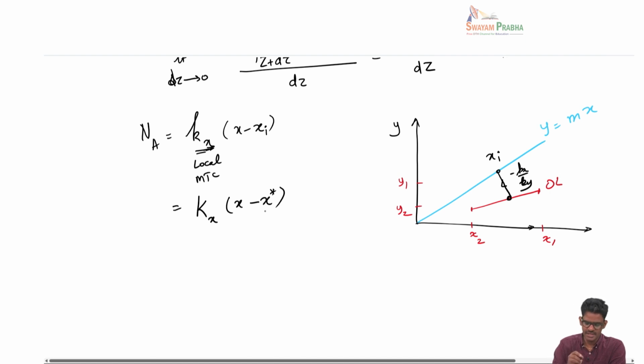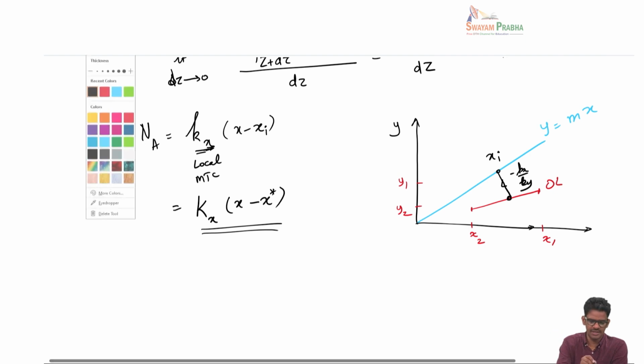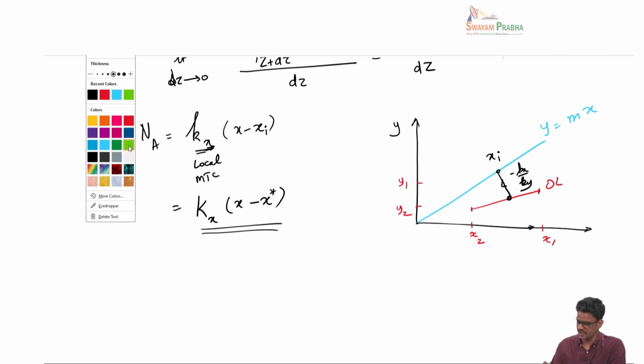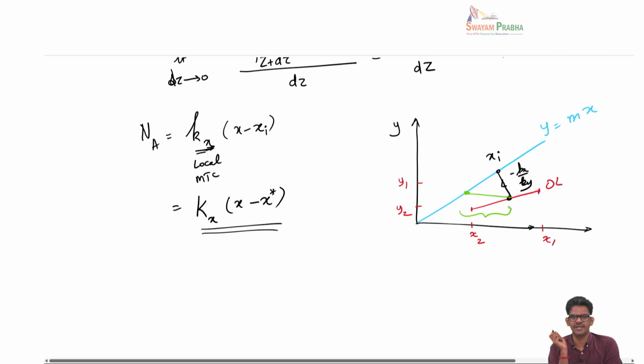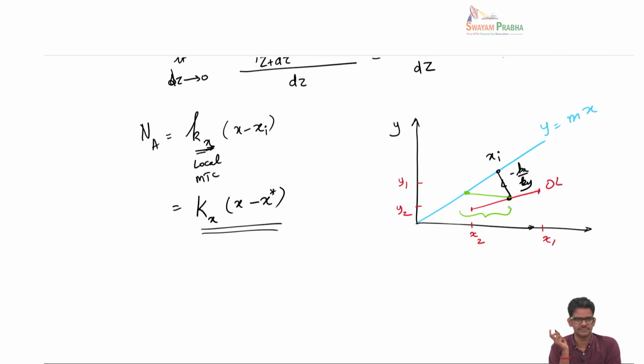So here, when I change the equations in terms of the overall mass transfer coefficient, then my driving force line is actually this. So this is the driving force for the liquid phase mass transfer, which is x minus x star. Okay, the difference is the following: if you use this xi, you are using the local mass transfer coefficient, small kx.